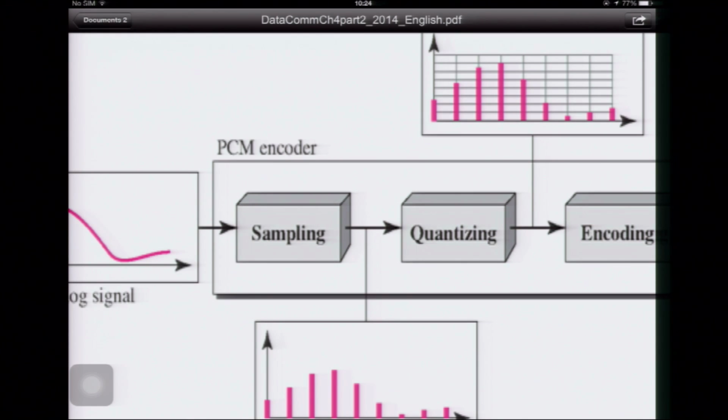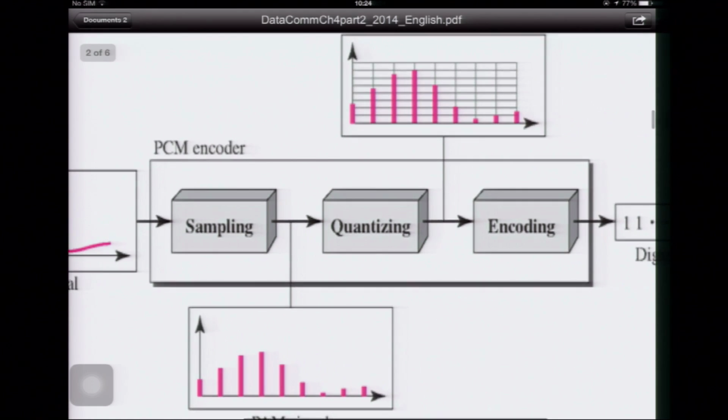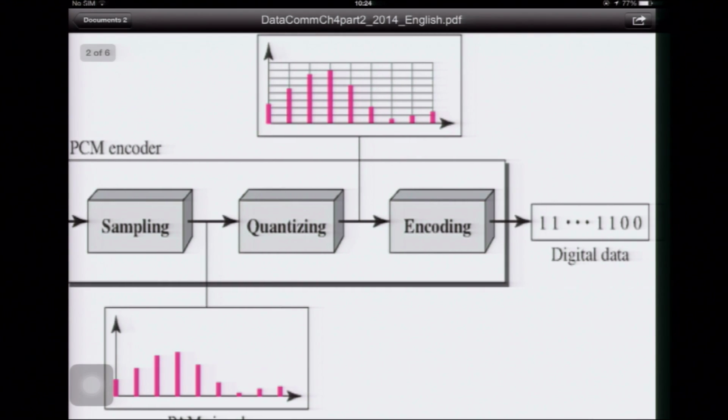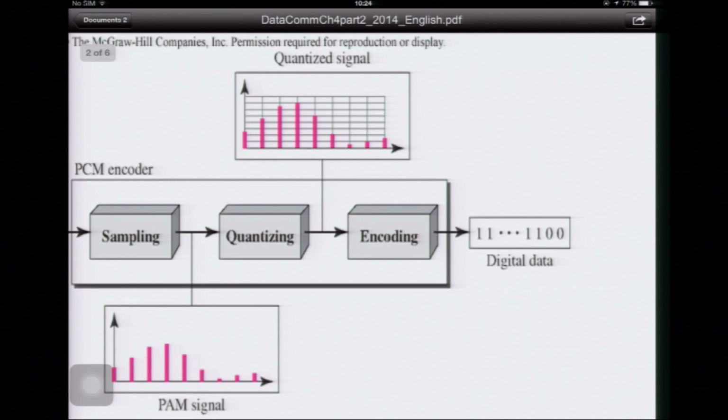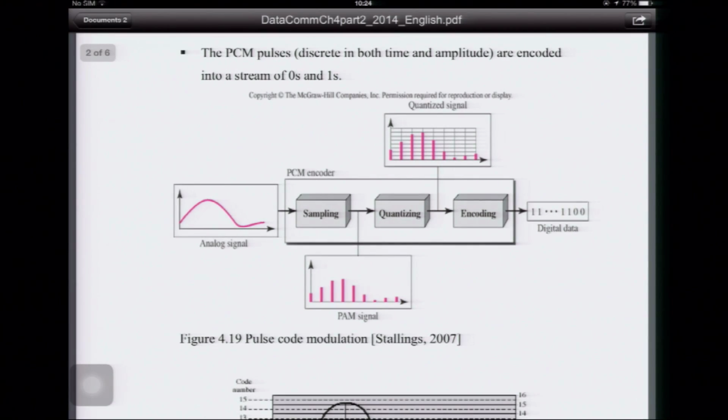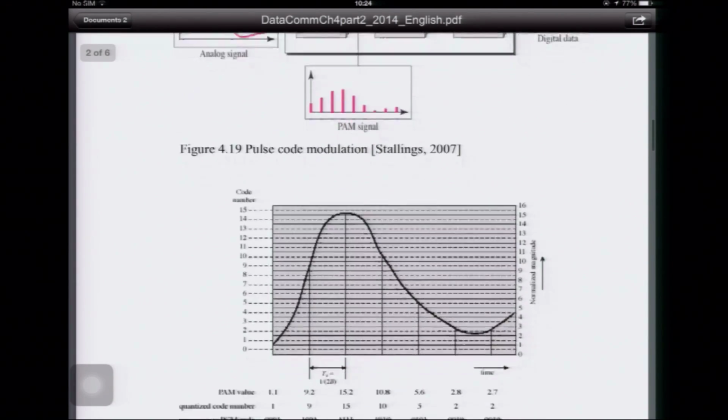So if your value is in between the levels, you will have to approximate it to be only at one of the 256 levels that you allow. After you quantize, you get a PCM signal. Then you encode into 0, 1, 1, 0, something like that, into digital data. So this is how you go from analog to digital.